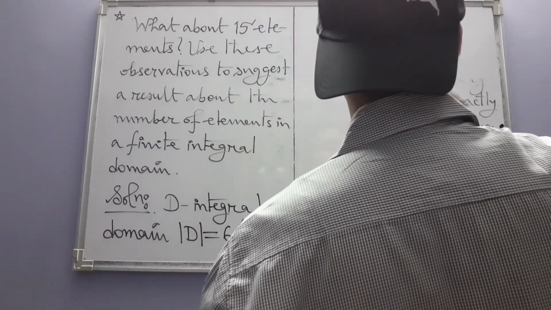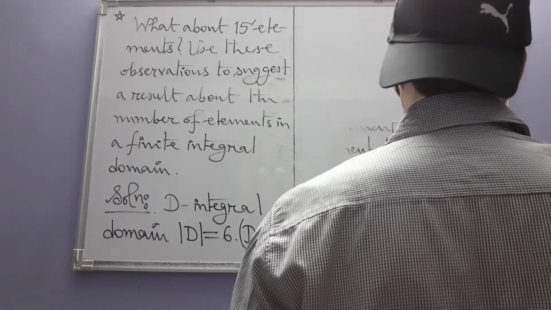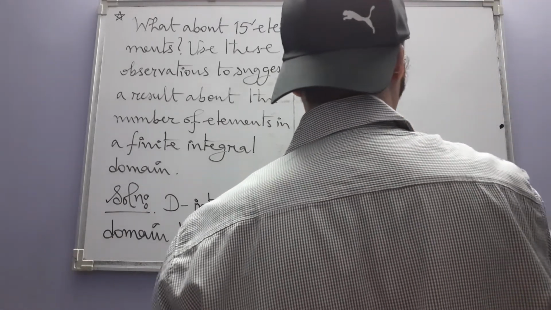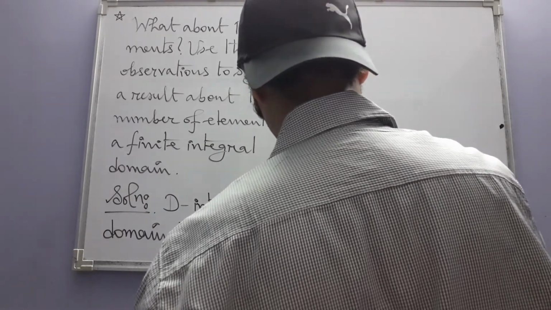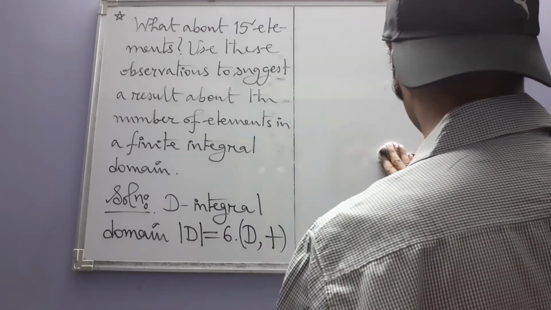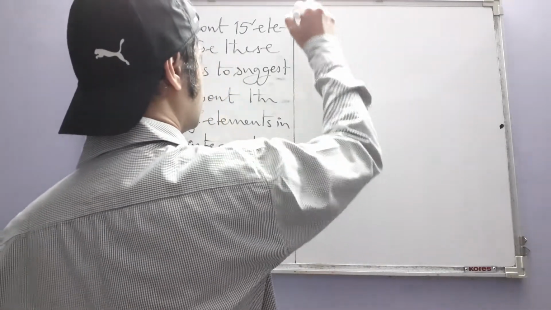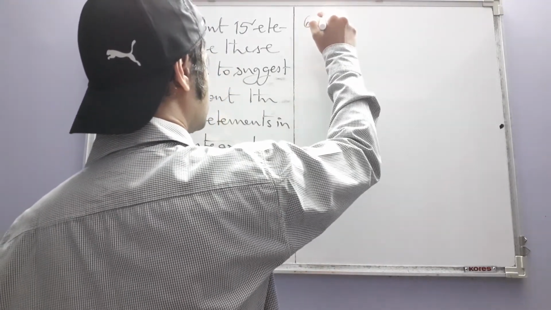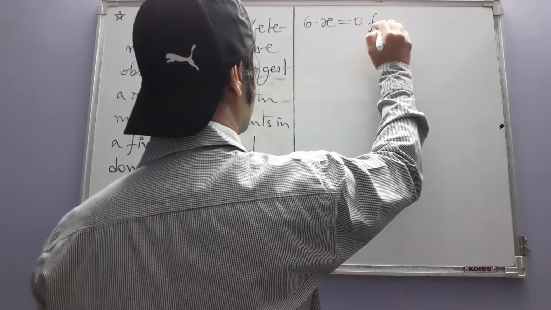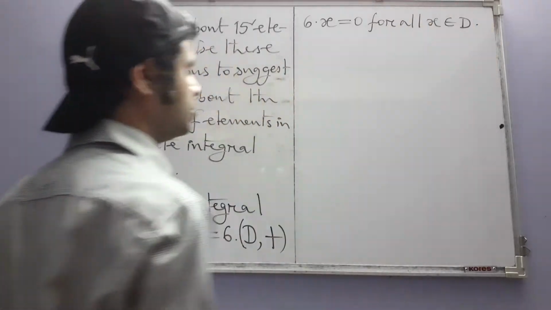So from a result on group theory, one of the corollaries to Lagrange's theorem, we next have this: 6 dot x is equal to 0 for all x belonging to D.